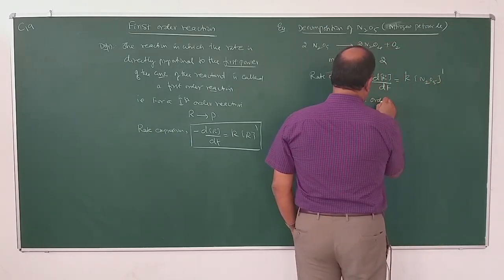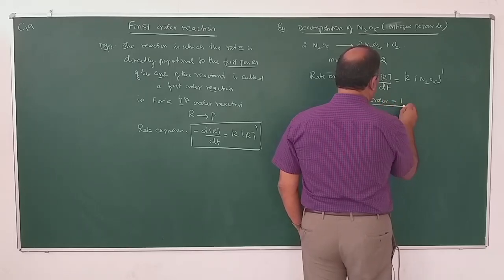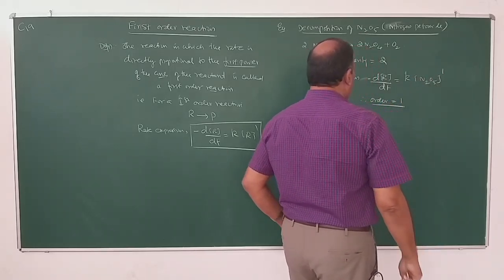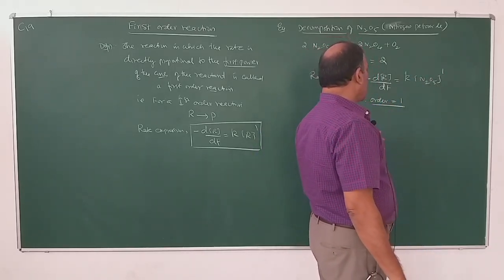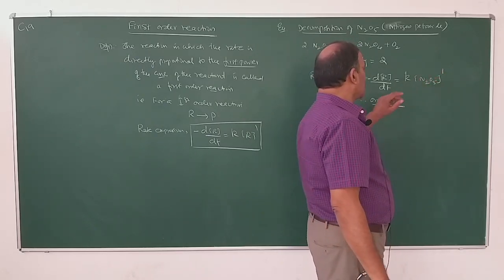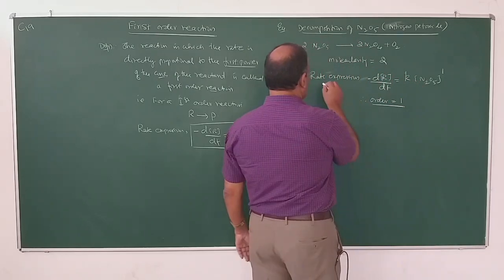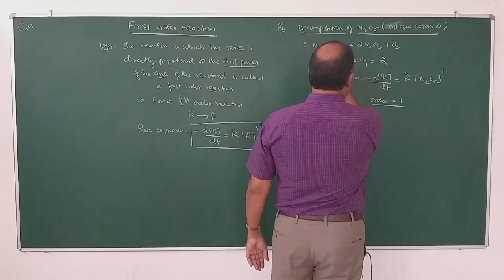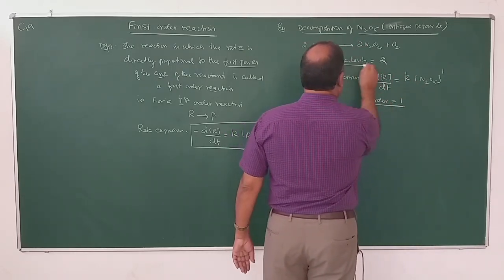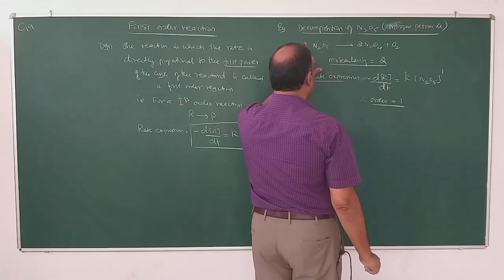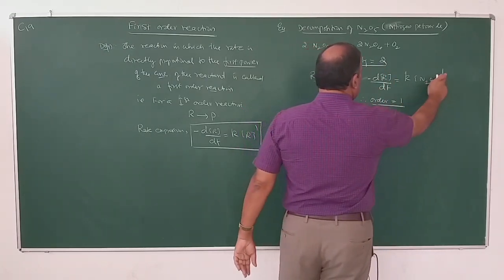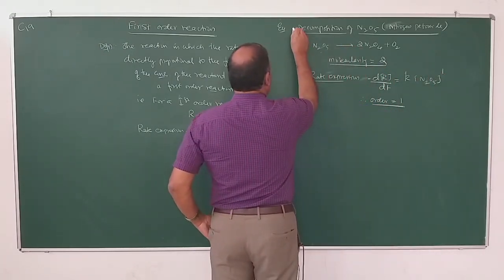Therefore, order is equal to 1, because order is an experimental quantity. The exponents of the concentration terms in the rate expression indicate the order. So for this reaction, molecularity is equal to 2 and order is equal to 1.